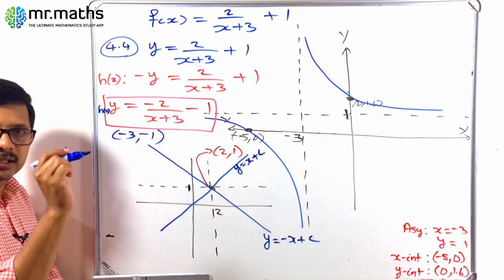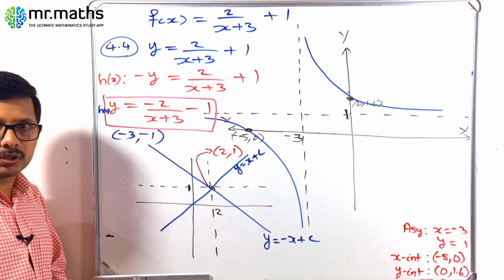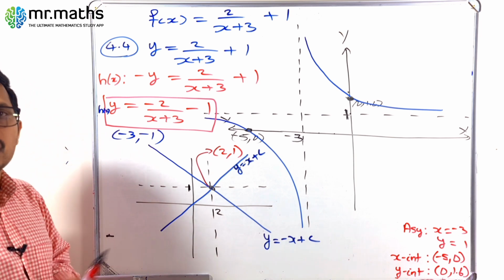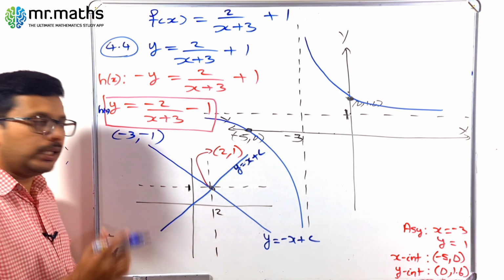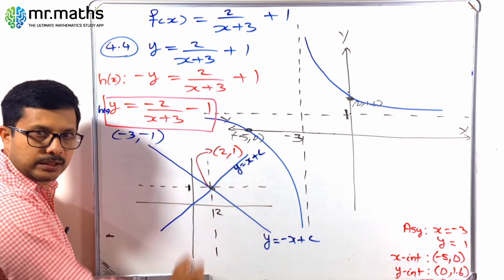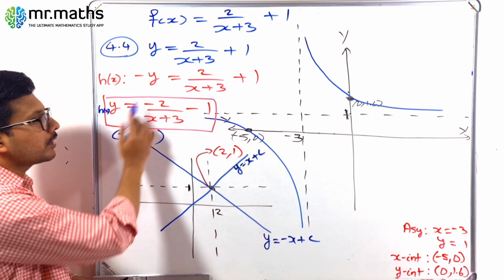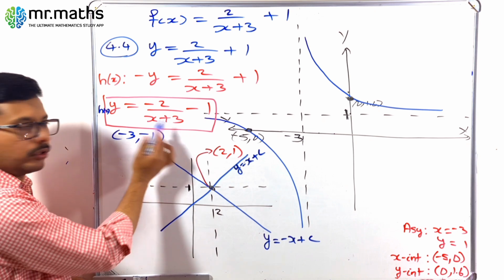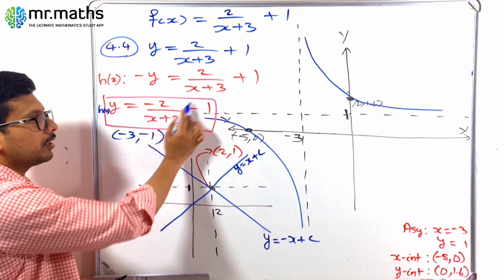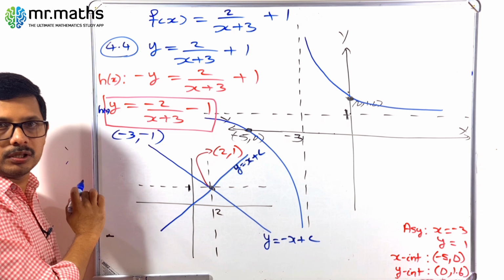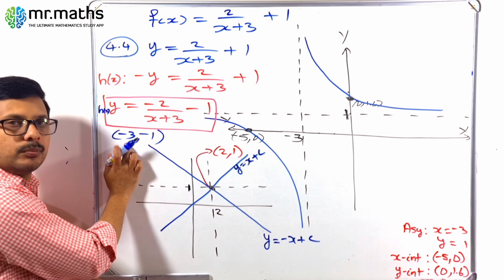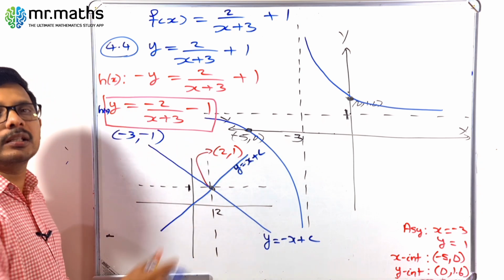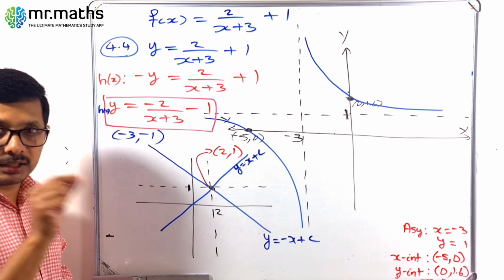That is the intersecting point of both the asymptotes. Always line of symmetry passing through the intersecting point of the asymptotes. So here, what is the intersecting point of the asymptote? Minus 3, this is plus 3, so you have to write minus 3. Okay, there is no change here, so it is minus 1. So that is the intersecting point of the asymptotes and the line of symmetry passing through that intersecting point.